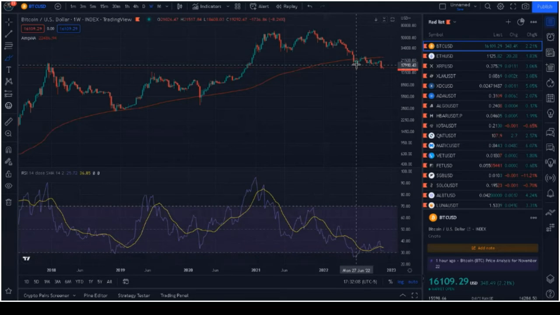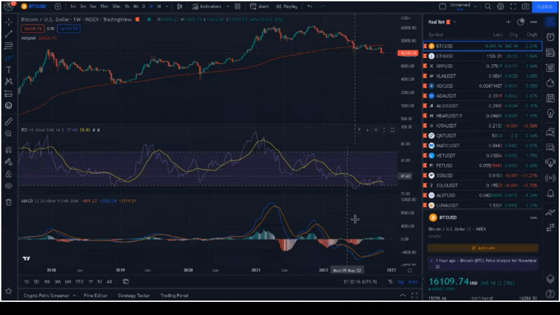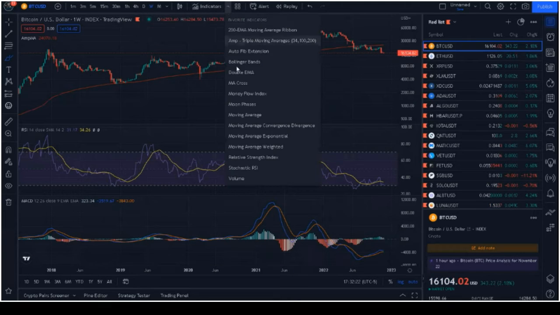And then one other indicator I like to add, which is my favorite, is the MACD, which is the moving average convergence divergence.